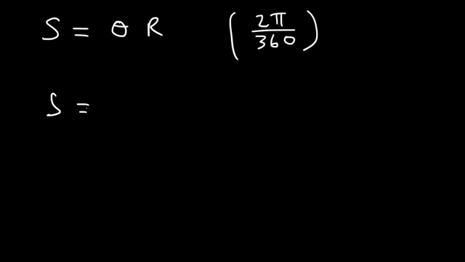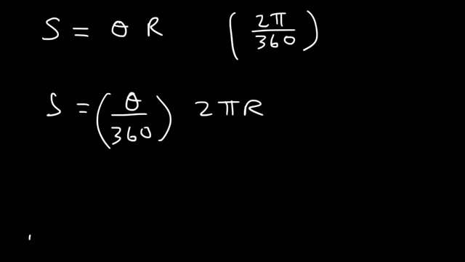Now, if you recall, going back to arc length, we said that the arc length is equal to theta times r, where theta is in radians. Now, to get the other equation, you can multiply it by 2 pi divided by 360. And if you rearrange a few things, this is equal to theta over 360 times 2 pi r.